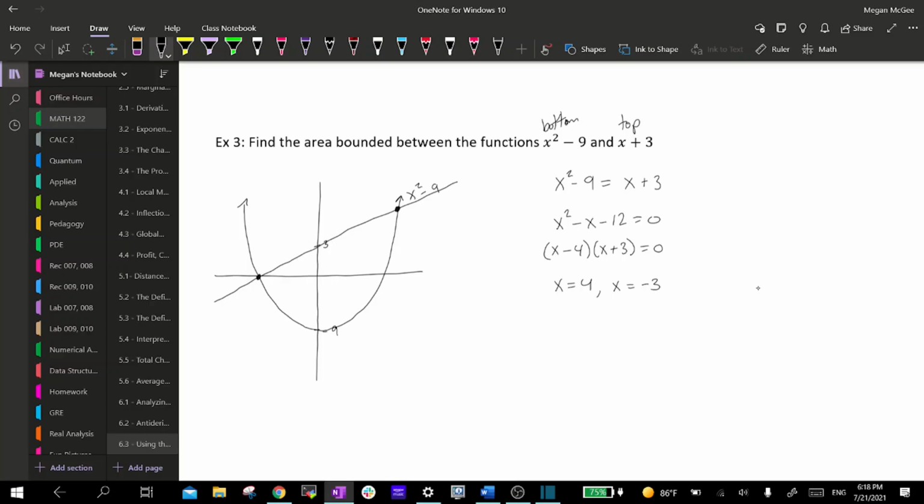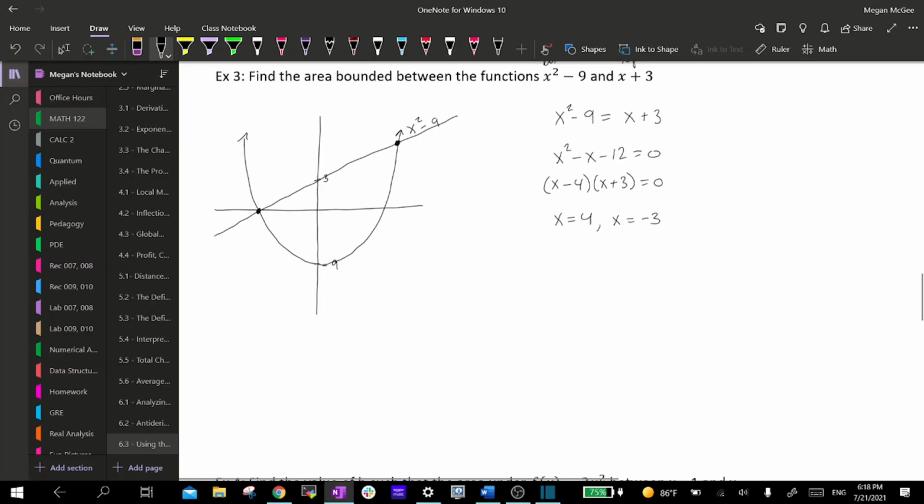All right. So now that we have all this information, in order to find this area between the two curves, we need to take the integral from our bounds. So from -3 up to +4 of our top function, which is our x plus 3, minus our bottom function, which is our x squared minus 9 with respect to x.